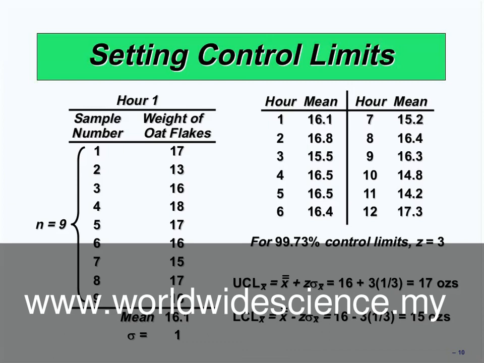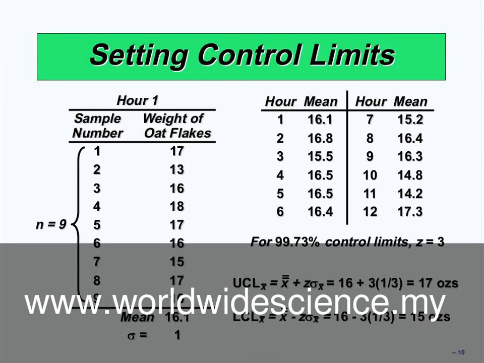For other hours, we cannot do this, but the concept is the same for all of the hours. Okay, this is the concept of the range. So range means, in each hour or in each sampling, the difference between maximum and minimum.